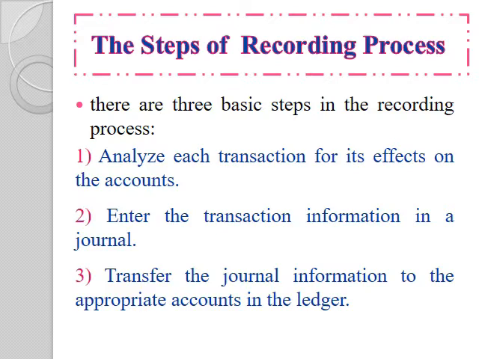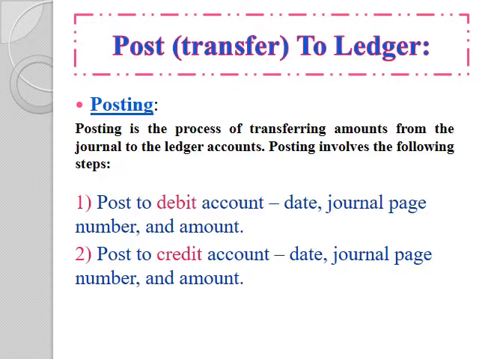Step number 3, transfer the journal information to the appropriate accounts in the ledger or T account. The third step in the accounting cycle is posting to the ledger or transfer to T account.